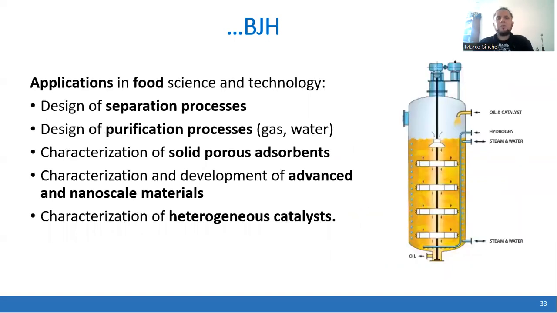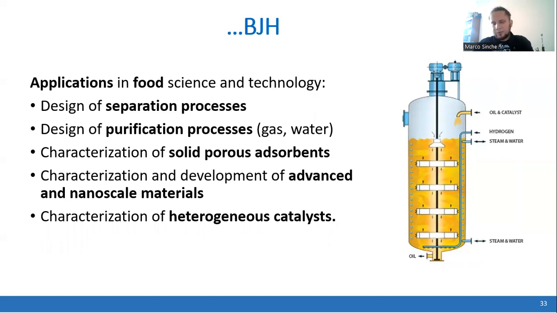The applications in food science and technology are related to the design of separation or purification processes, since porous materials are used in these processes, also for the characterization of adsorbents and other materials, including advanced and nanoscale materials, and also for heterogeneous catalysts.